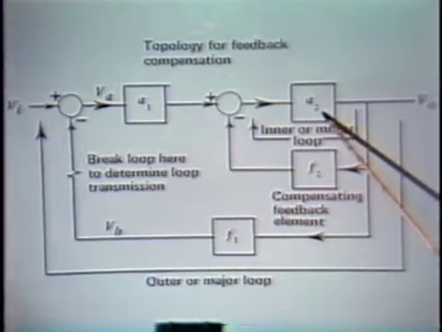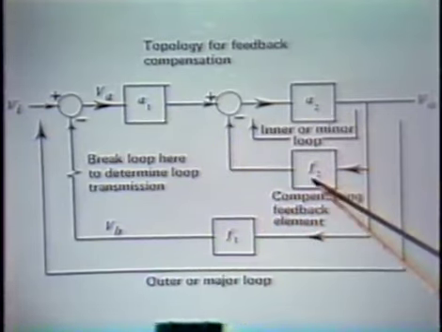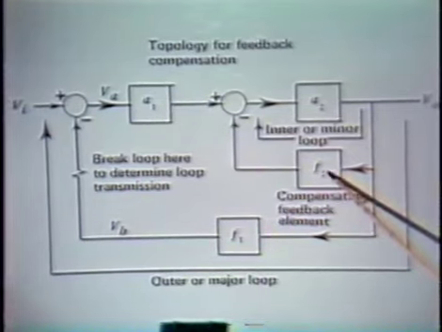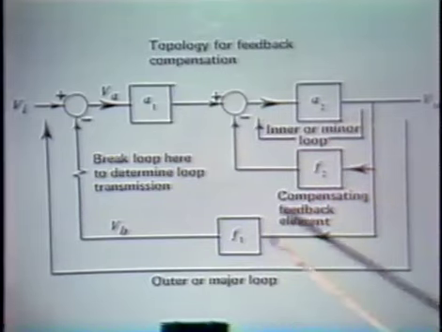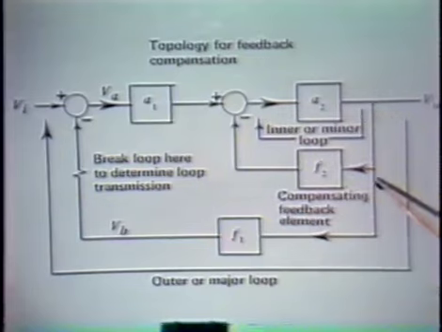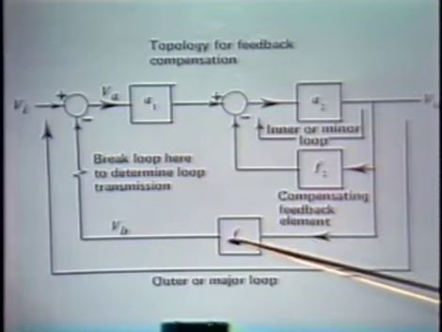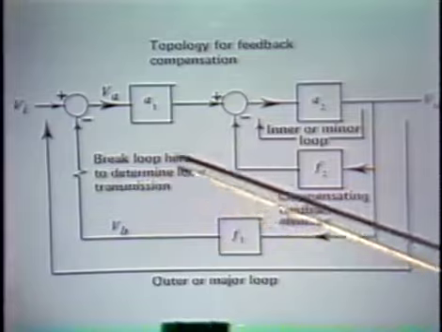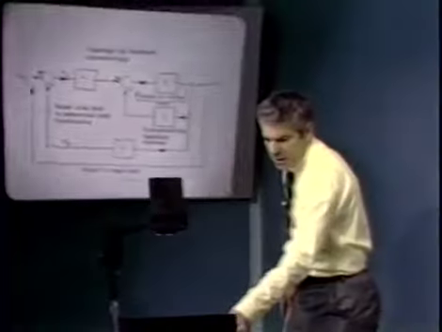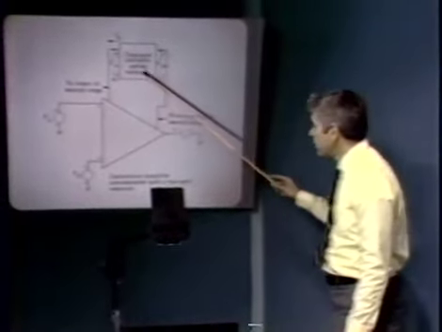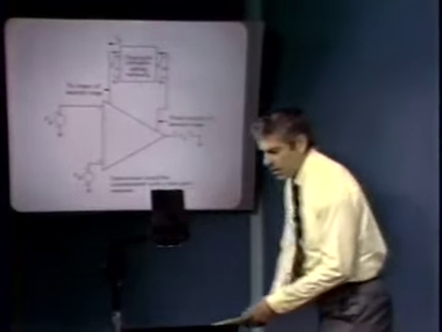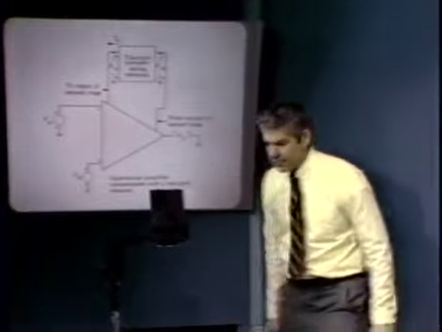This would represent the second stage, with the two-port network providing the function F2, the feedback around the second stage, which forms the minor loop. And then, of course, when we go to connect the operational amplifier in an overall feedback system, we add an external path F1 to complete the major loop. Once again, here's the way we implement the previous topology for an operational amplifier.